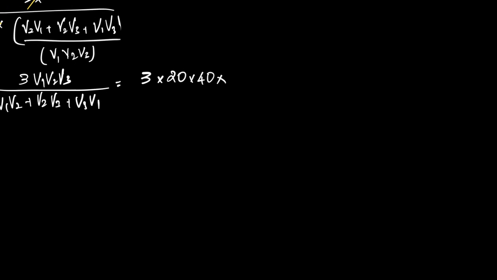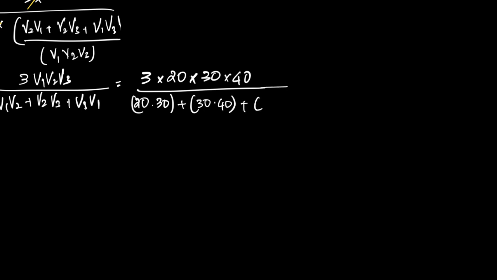Okay. So 3 times 20 times 30 times 40, the whole upon 20 into 30 plus 30 into 40 plus 40 into 20.